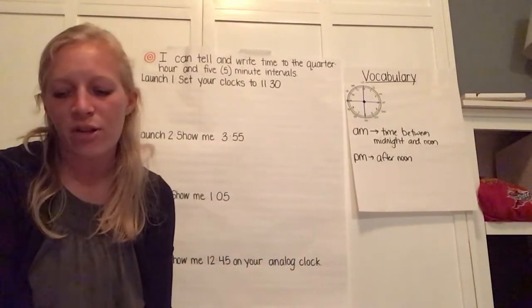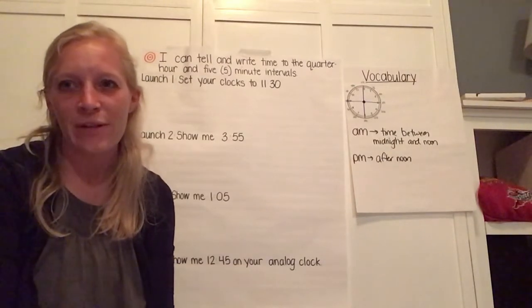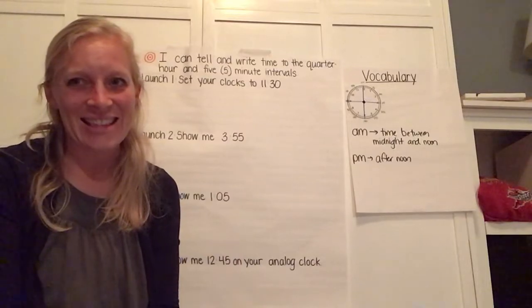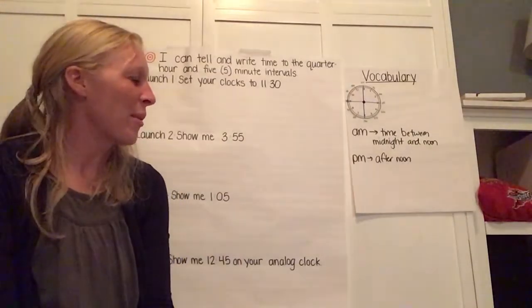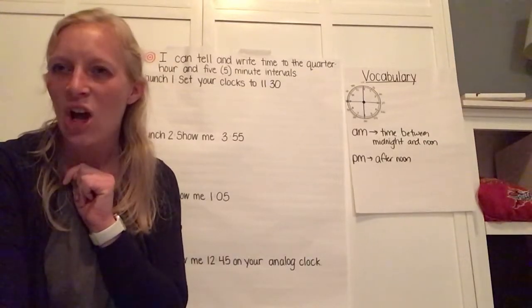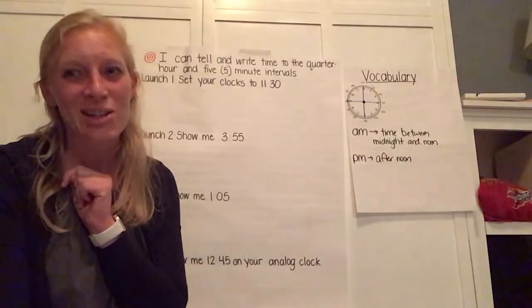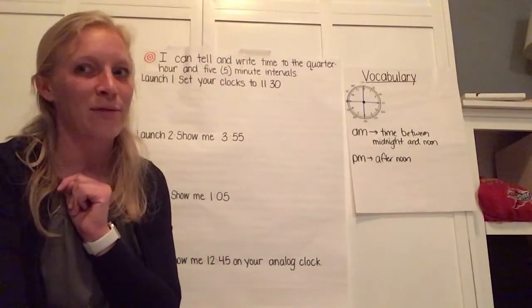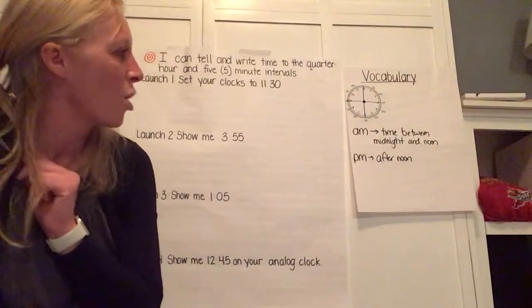What did that clock look like when you showed 9:15 from yesterday? Yes, that hour hand was on the 9 or close to it, and that minute hand was on the 3. Much like that 3:15, right? Right from the beginning, or even that 7:15 from our little practice or warm up.